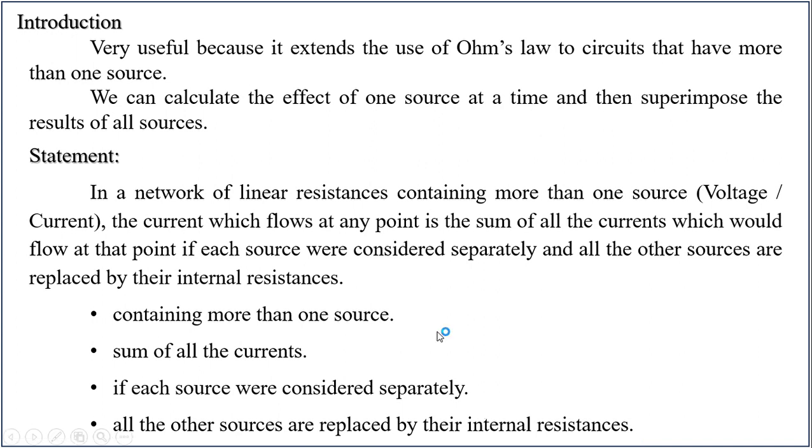So these are the four important key points that you have to remember when you state the theorem. It is applicable for a network with more than one source. We consider one source at a time. We see the effect of that by neglecting the other sources, or rather we replace them with their internal resistances.